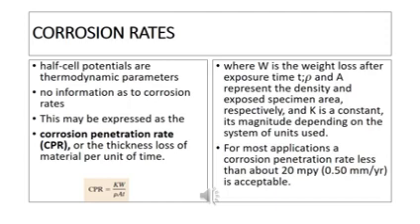In this case, t is time, rho is the density of the specimen, A is the area of the specimen, and K is a constant based on the units that have been used. We'll do an example for this. Typically an accepted CPR should be less than 0.5 millimeters per year or 20 mils per year.